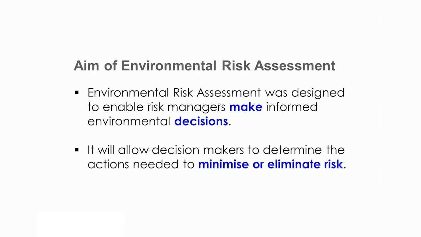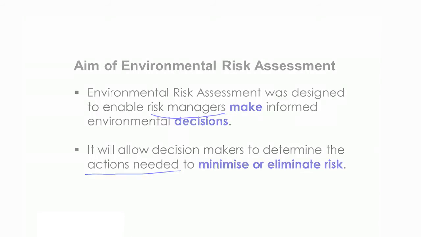Environmental risk assessment was designed to enable risk managers to make informed environmental decisions. It will allow decision makers to determine the actions needed to minimize or eliminate risk. It is a commonly used approach in examining environmental problems and to examine risks of many different natures.